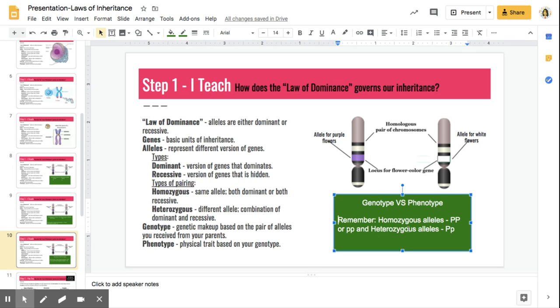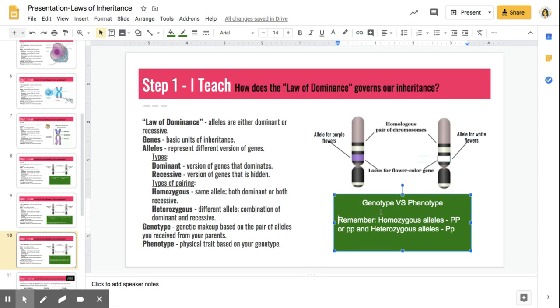So whatever pair of alleles you have, it could be both dominant, both recessive, heterozygous. That's your genotype. And phenotype, it's the physical trait based on your genotype, whatever is being dictated by your genotype. All right? So we will now apply the law of dominance in here. The law of having a dominant allele and recessive allele.